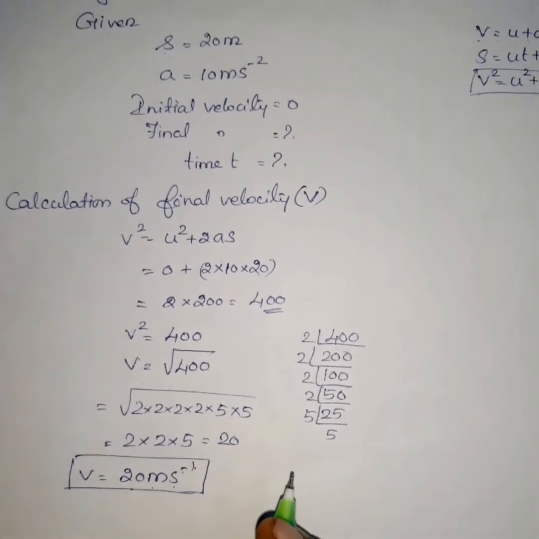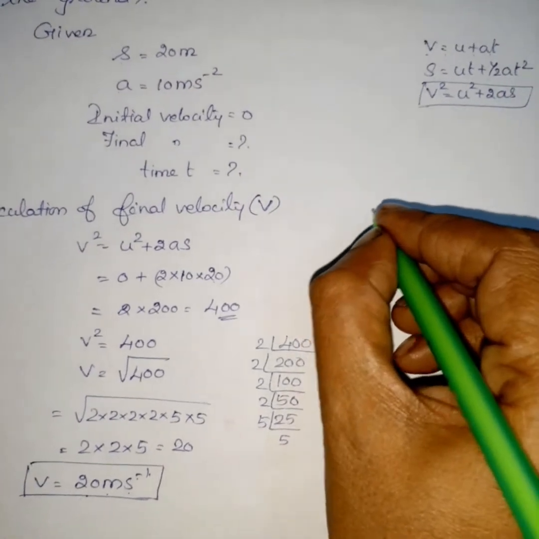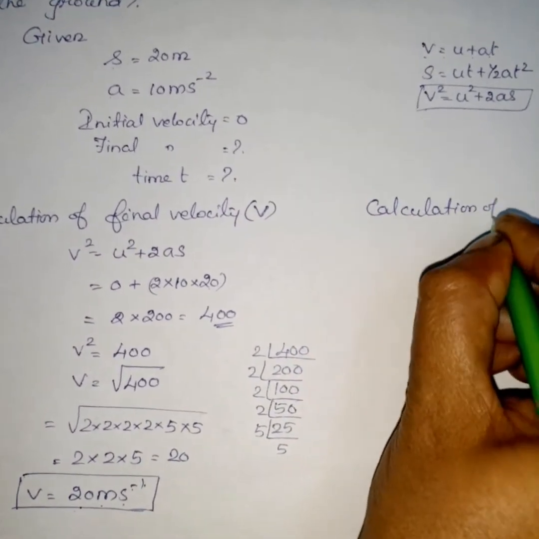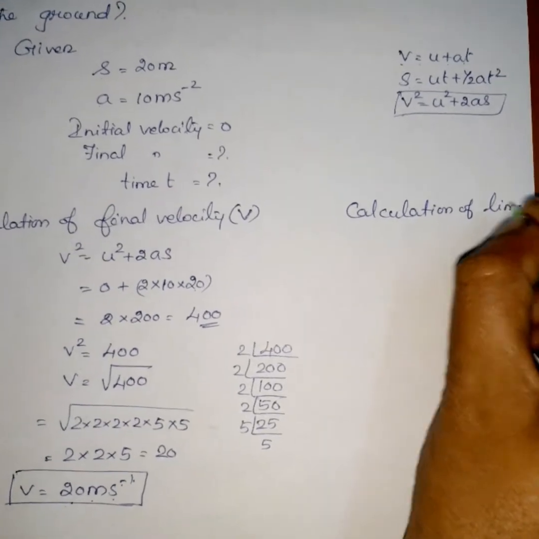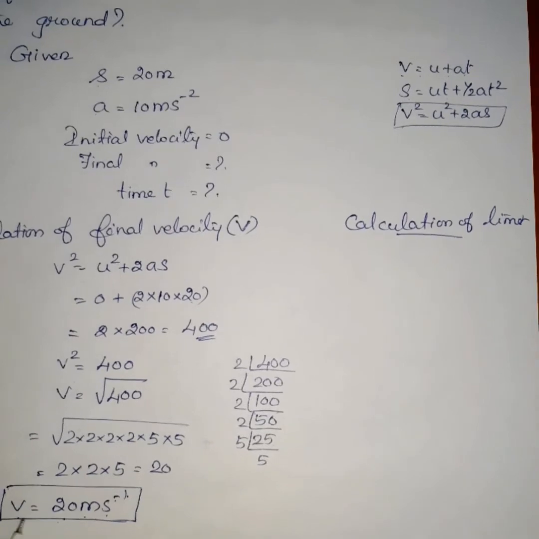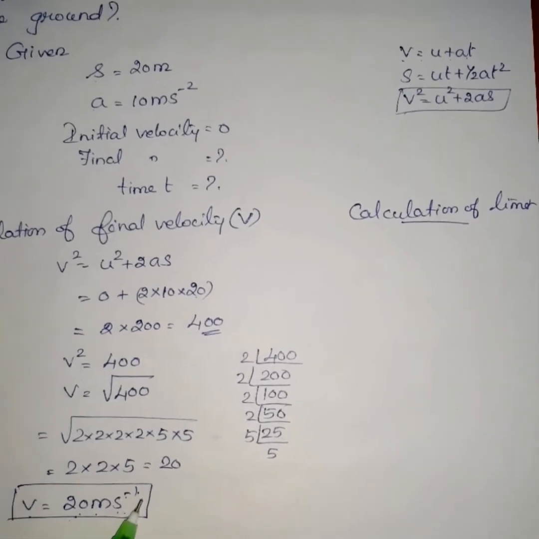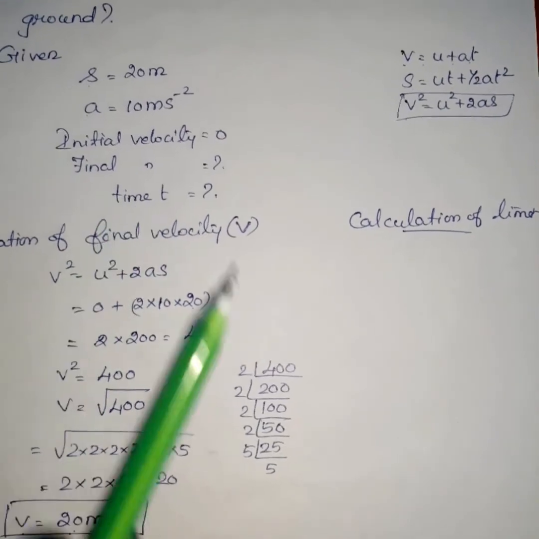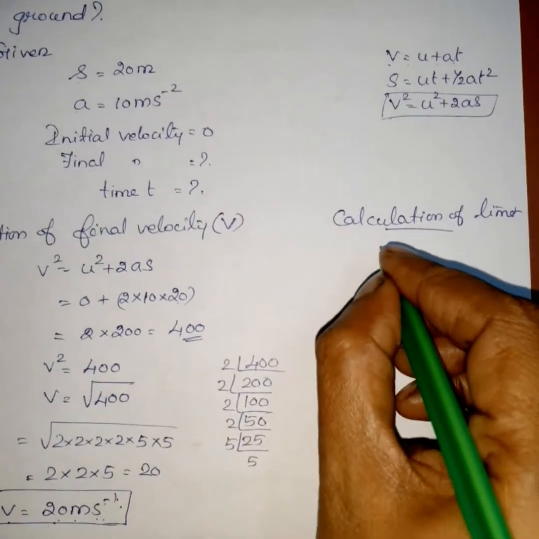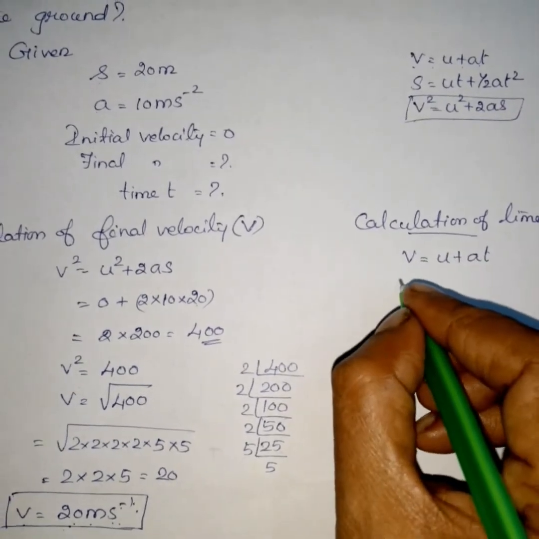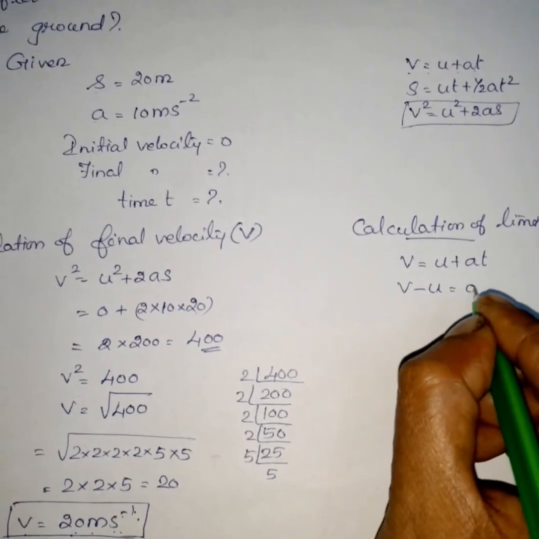Okay. Now you calculate the value of time. Calculation of time. So here, listen, the v value is 20 meter second power minus 1, and the u value you also know, and a also you know. So you write the first equation, v is equal to u plus at. So v minus u is equal to at.